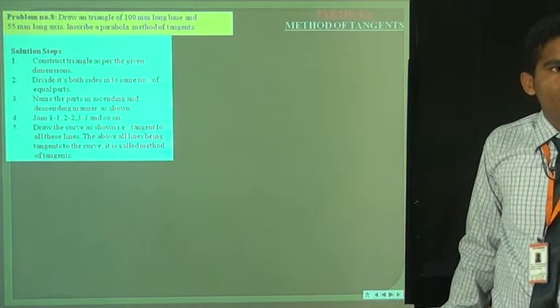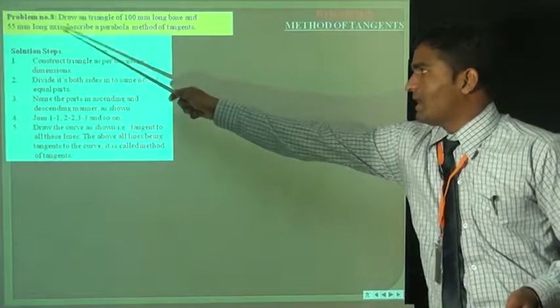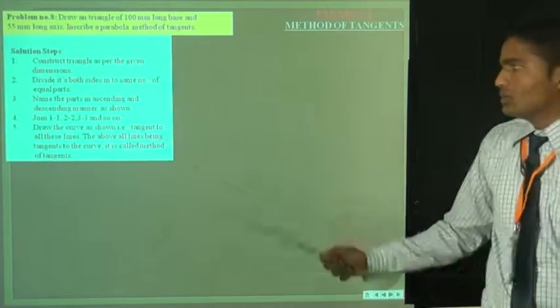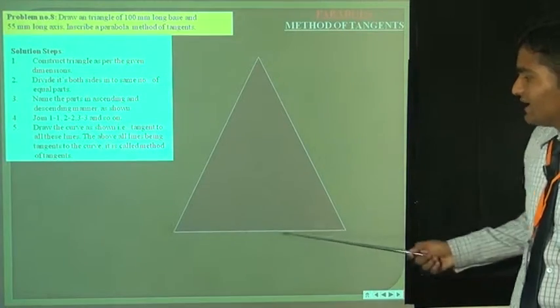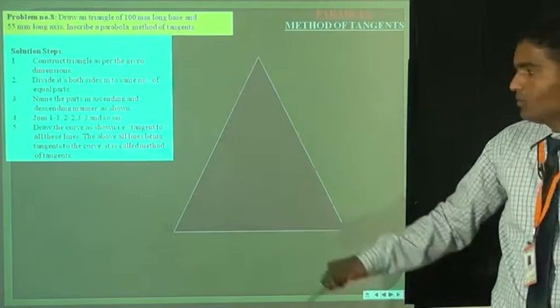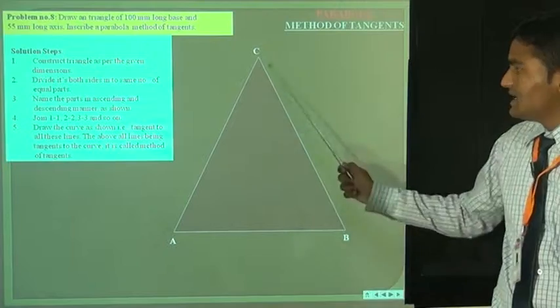So draw the triangle which has a base of 100 mm and height 55 multiplied by 2, 110 mm. So first of all, the base length is 100 mm and the axis length is 55 multiplied by 2. Now give its names A, B and C points.